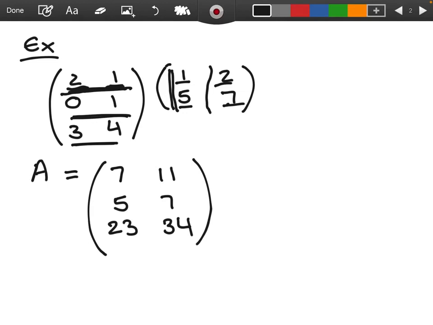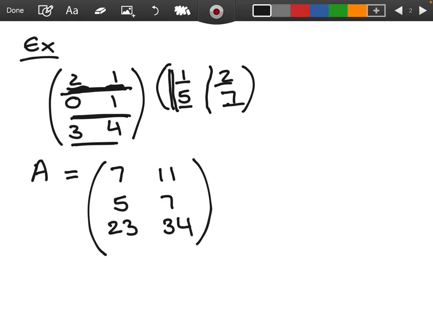So all you are doing when you multiply two matrices, you do rows in the first matrix, dot product with columns in the second matrix. Don't worry about any columns in the first matrix or rows in the second matrix. It's always rows in the first one and columns in the second one.